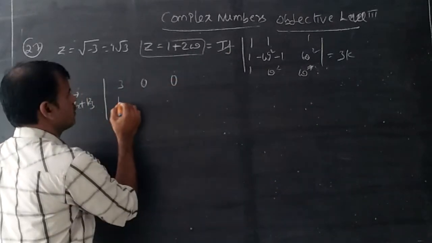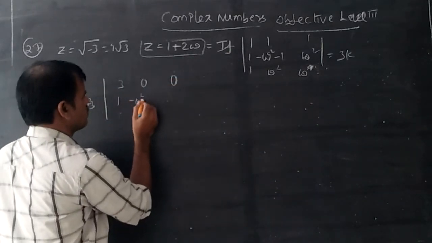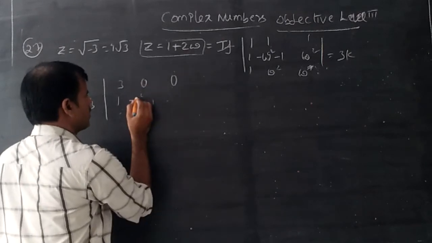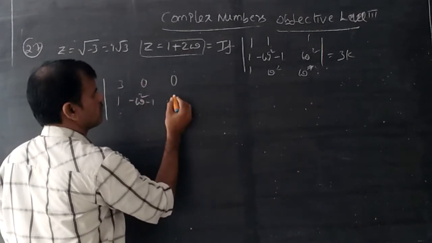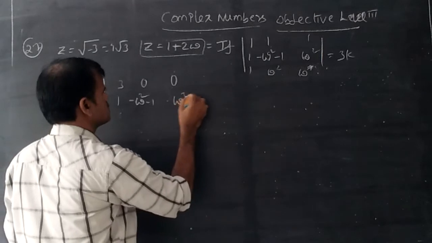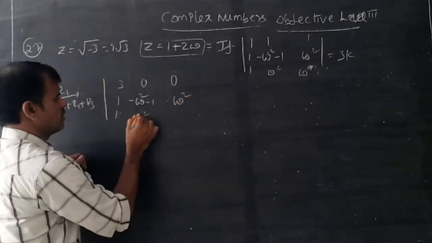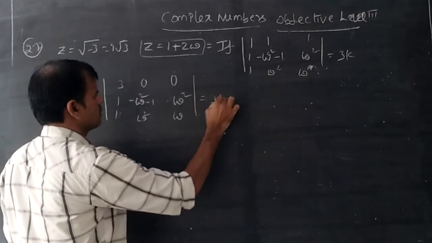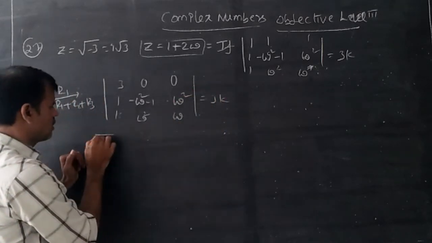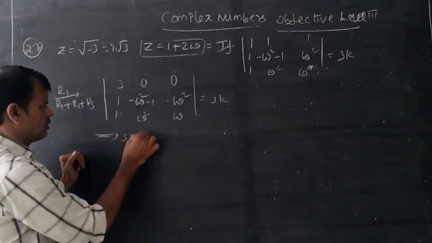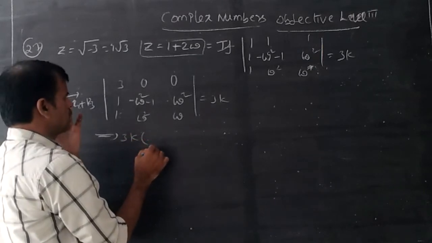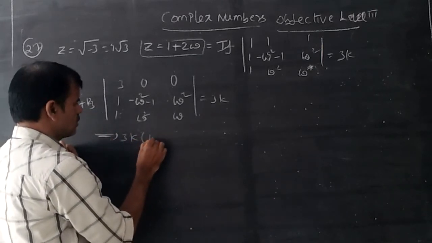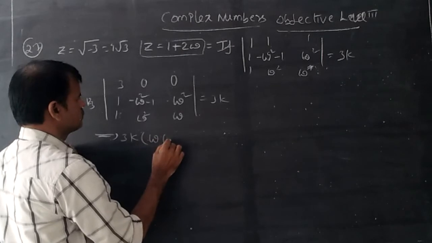So directly write the second row and third row properly: 1 minus omega square minus 1 is simply omega square, this is 1, this is omega square, and this is omega, equal to 3k. Now calculate the determinant: 3 into omega, which equals 3k.